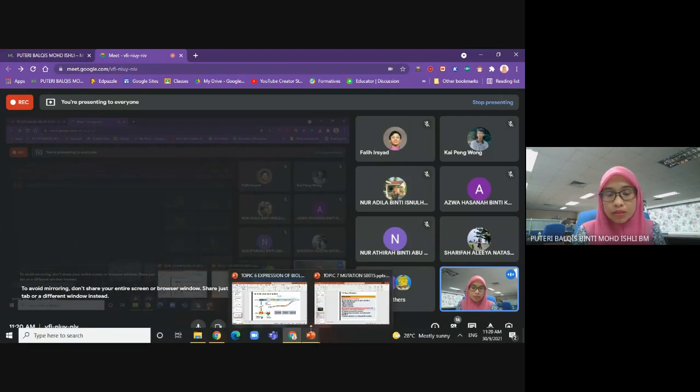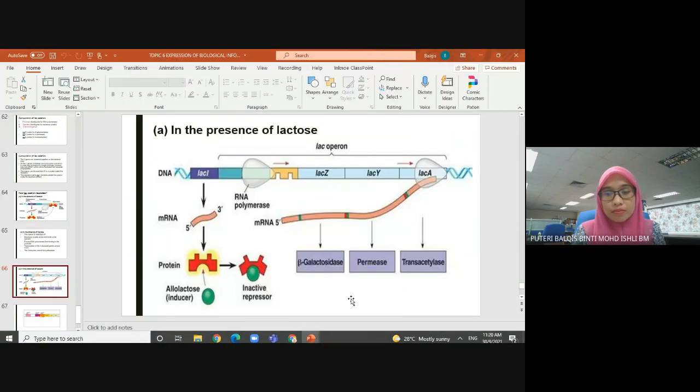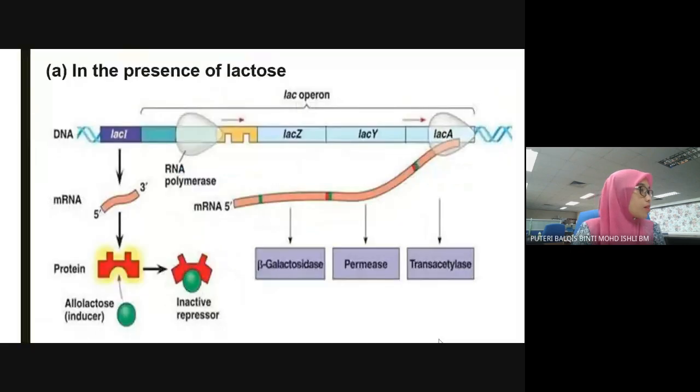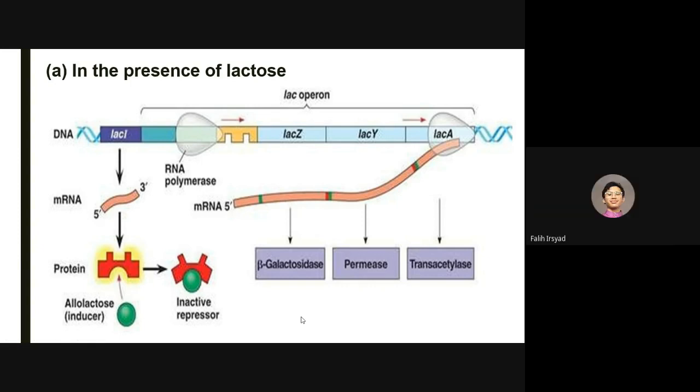Saya tak tahu kenapa tak ada suara. Okay. Boleh ke guys? Saya tak tahu boleh ke tak. Tak pasti ya, madam. Sekejap. Madam dengar ke? Saya tak faham.